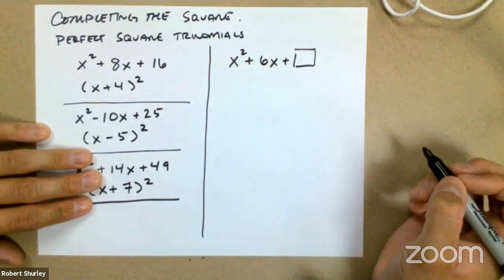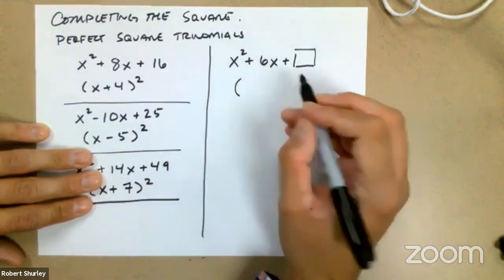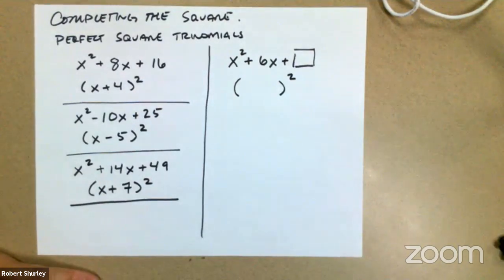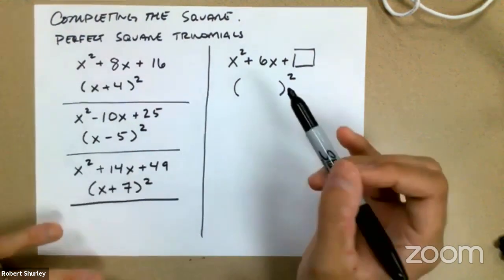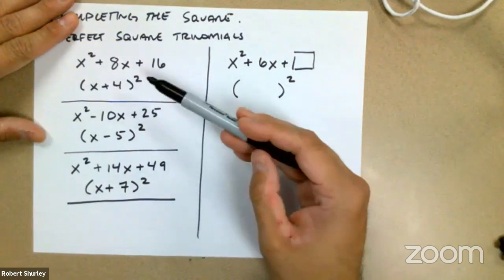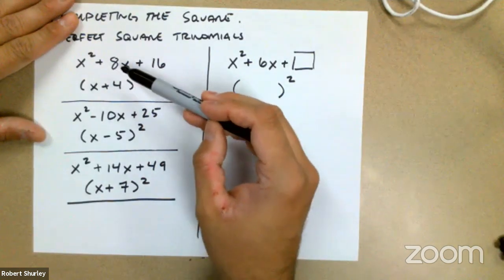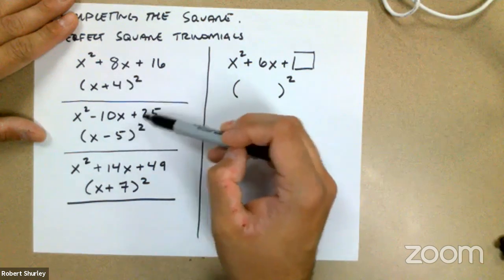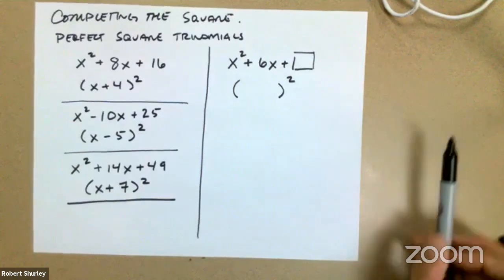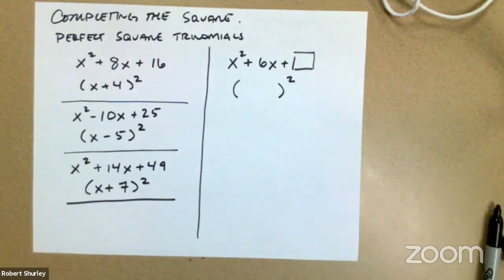I want to know what needs to go in that box to make this a perfect square trinomial. Okay, so if you look at the pattern over here, look, each one of these, relationship together, I should say. What do you think needs to go in that box? It's okay if you get it wrong. Okay, Amanda says 9.